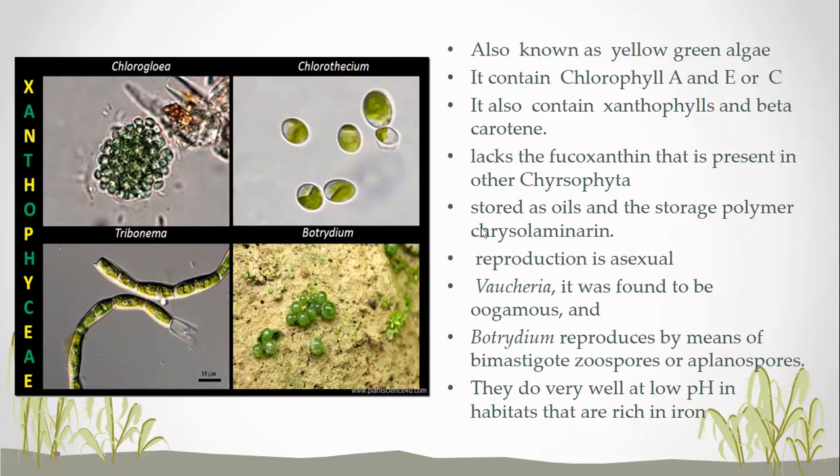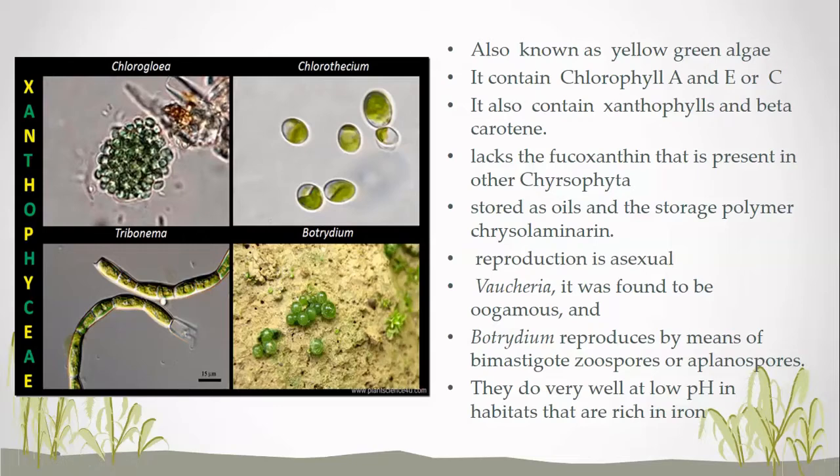So this is a distinguishing characteristic of the Xanthophyceae, that they store oil. So the storage polymer is chrysolaminarin. So that is common among them. Reproduction is also asexual. Representative is Vaucheria, found to be oogamous, and Botrydium reproduces by means of motile zoospores or aplanospores.